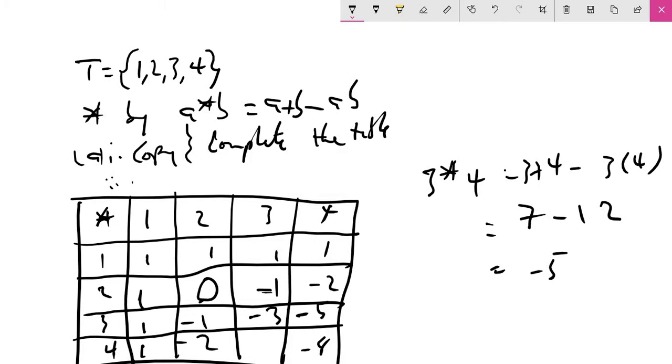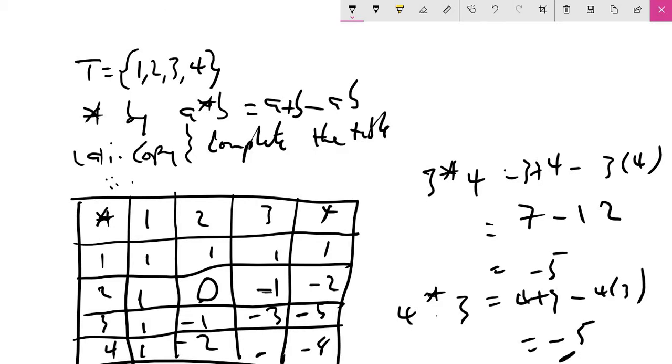So you can easily fill the rest, and then you can fill this too. 4 star 3 is literally going to give you the same exact answer. 4 plus 3 minus 4 times 3 is also going to give you minus 5. So we have minus 5 here.